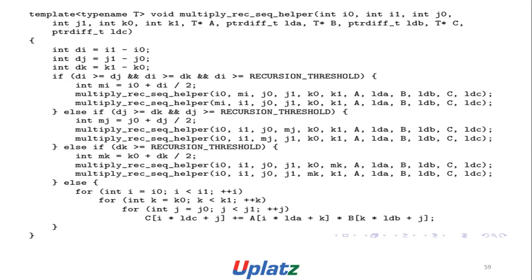Else for int i is equal to i0, i less than i1, plus plus i, for int k is equal to k0, k less than k1, plus plus k, for int j is equal to j0, j less than j1, plus plus j, C of i star ldc plus j plus equal to A of i star lda plus k times B of k star ldb plus j.